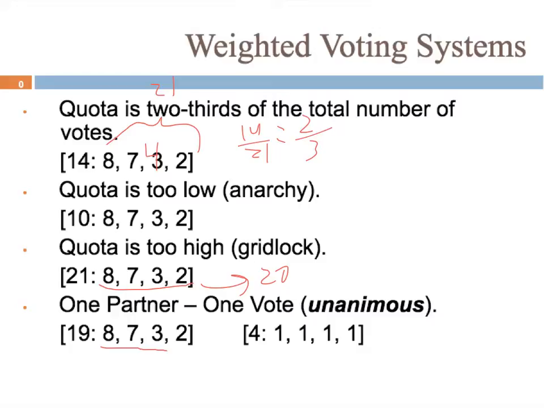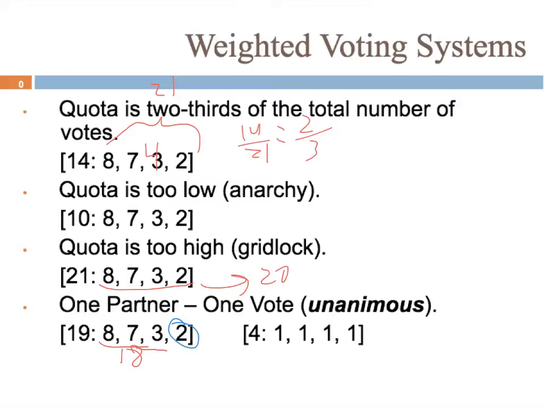Notice that here, 8 and 7 and 3, that's going to make up 18. Now, I know that 18 plus 2 is 20, and that's more than needed, but notice without player 4's vote of 2 votes, or a weight of 2, they're not going to have enough to pass.